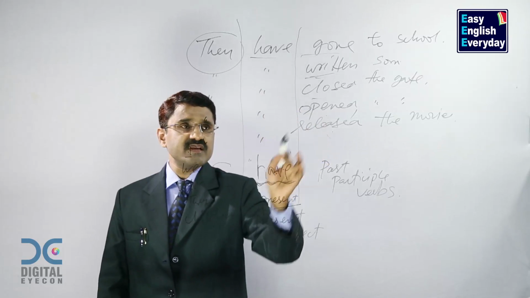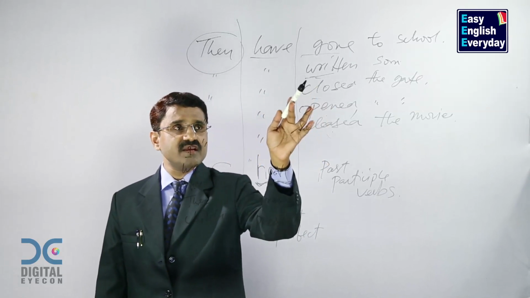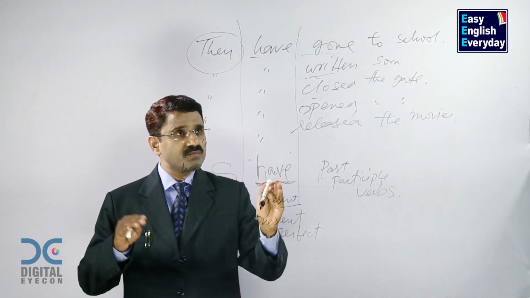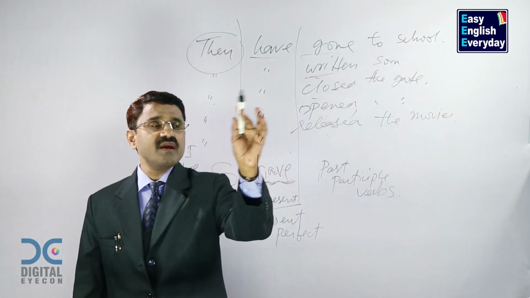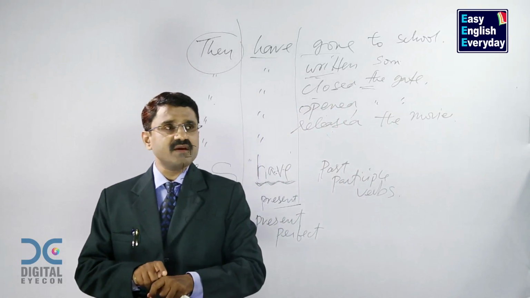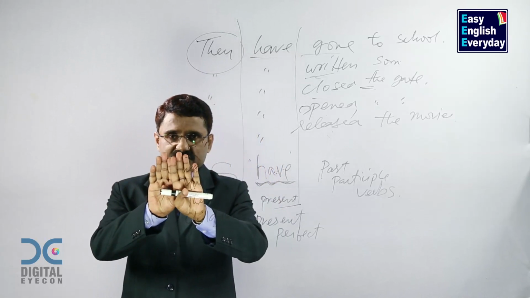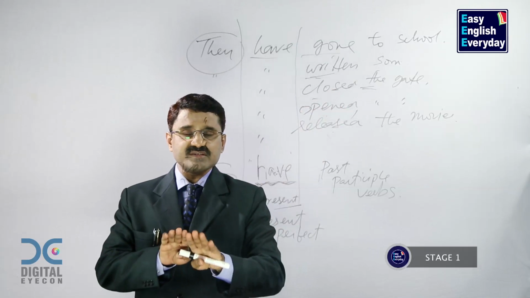I have written these 5 sentences on the board. I should say that sentence when these 5 sentences are there on the board. So that is called present relationship. They have closed the gate. This sentence should be used when the gate is closed. When the gate is closed, you have to say they have closed the gate.